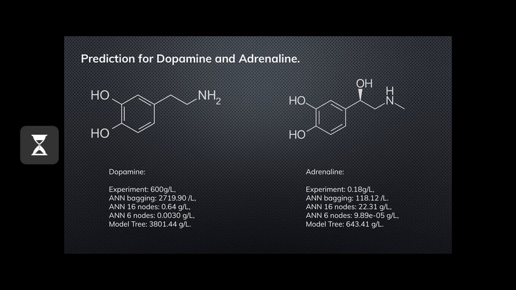Meanwhile, the ANN with 16 nodes has the closest solubility prediction to the experimental data. Therefore, all of our models perform poorly on these two structures.